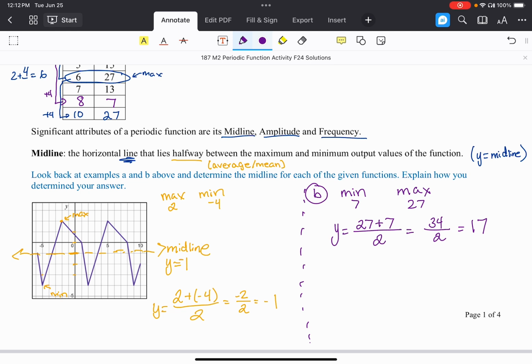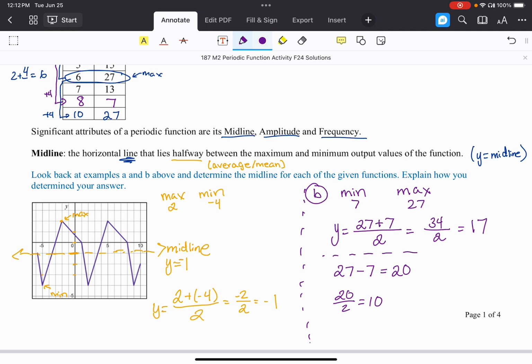I sometimes do it a little differently. I find the distance between my min and my max. To do that, I would take 27 and subtract 7, and say these are 20 units apart. The midline occurs exactly halfway between that, and half of 20 is 10.